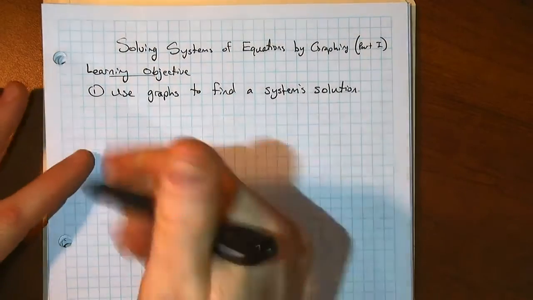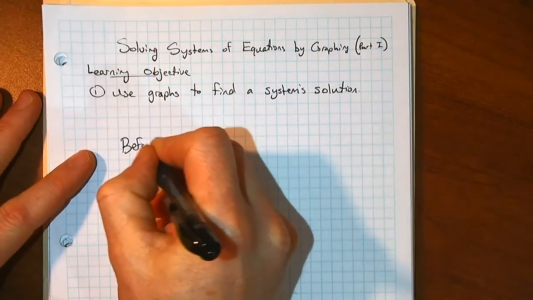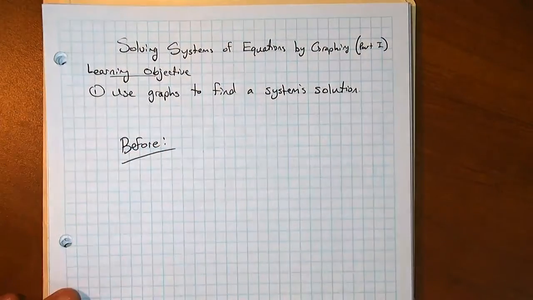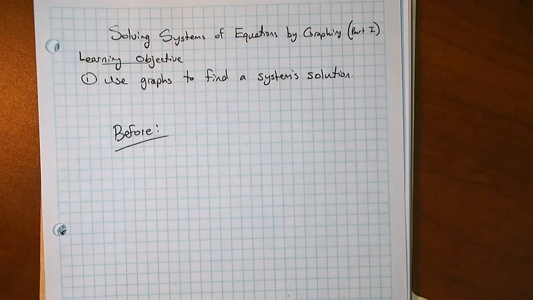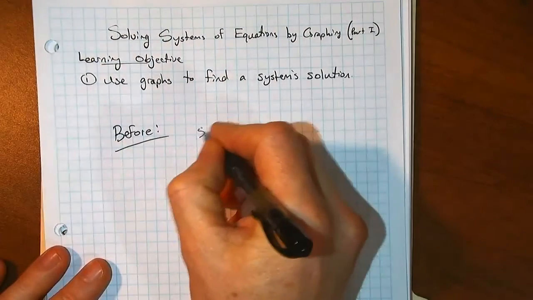Now, from the last video, we talked about that when you get a system of equations, you might see a system presented in one of two different ways.